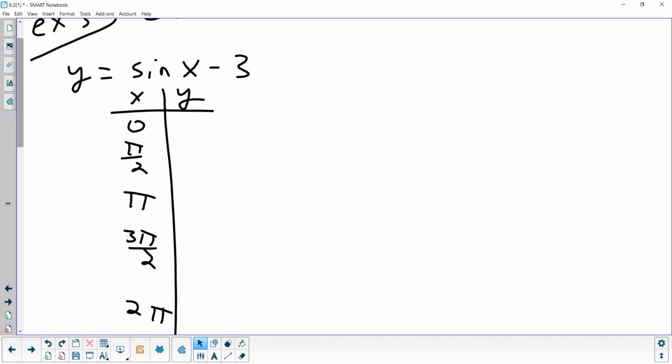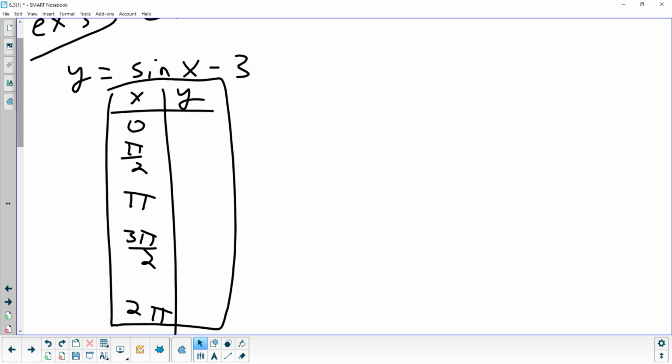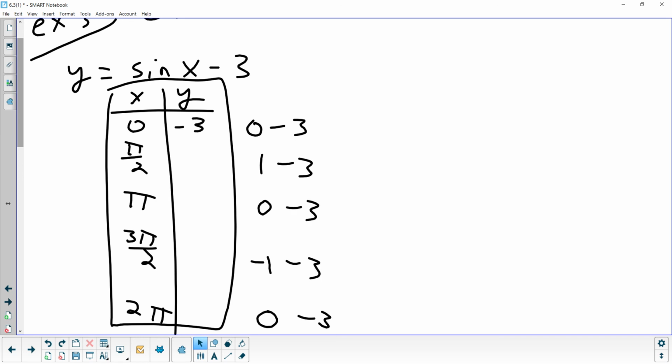And Ethan, what are my original y values for sine? 0, 1, 0, -1, 0. Okay. And Tyler, what am I going to do to all those y values? Subtract 3. Yep. So -3, -2, -3, -4, and -3.